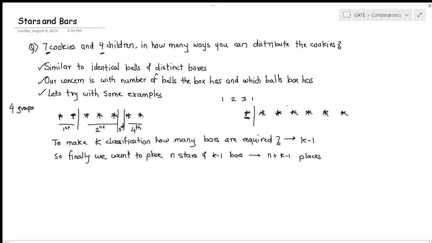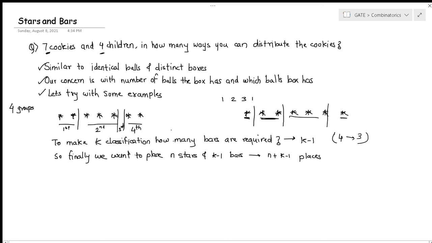The second got two cookies, so we put a second bar over here. The third child got three cookies, so here we place the bar, and the last child got one cookie, and for that we don't need to put any bar. So here we had four children and we put three bars.